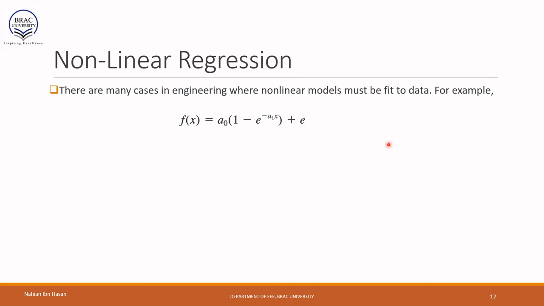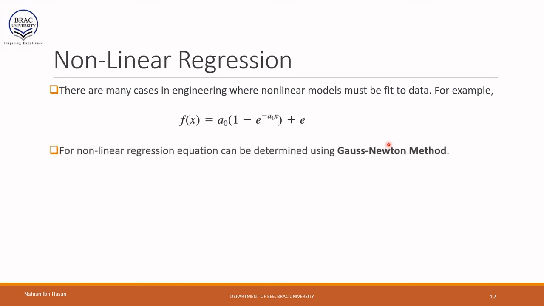For example, we are given this function here, f of x equal to a0 times 1 minus e to the power minus a1 x, plus e. So this is the fitted regression model, a0 times 1 minus exponential of minus a1 x, and e is the error term. That makes this nonlinear regression.